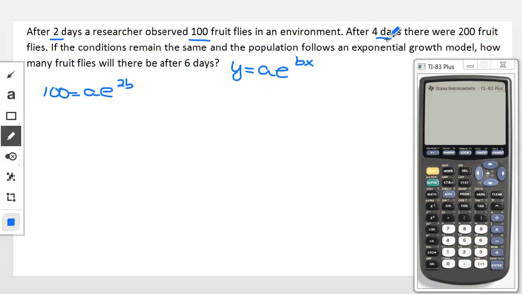Likewise, after 4 days, we had 200 fruit flies. So 200 equals that same coefficient times e to the 4b. So I'm going to do a substitution here. I'll solve for a. A will be 100 over e to the 2b.